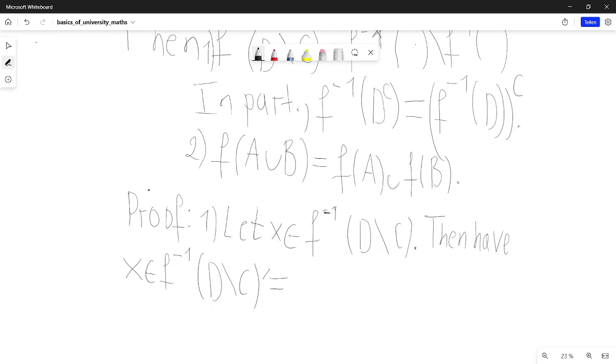This is equivalent to x and f of x without c, right? Which is how it works.